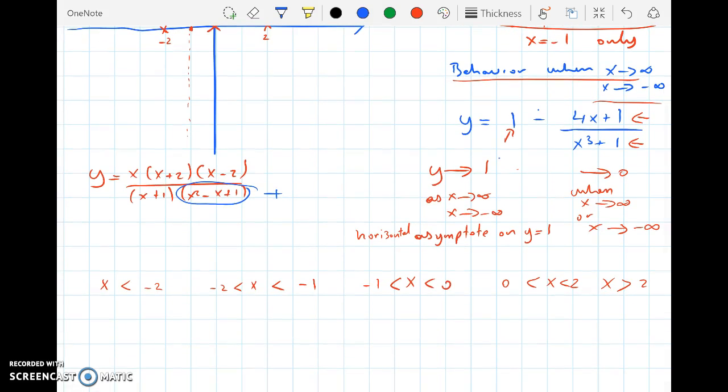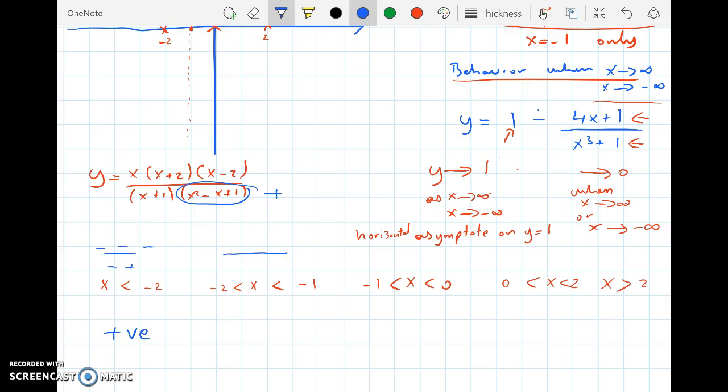Now if x is less than minus 2, let's look at the signs of all of this. We've got 3 terms on the top. These 3 are all going to be negative. Okay, this is negative, and we've got a positive, but we've got an even number of negatives for that, so the whole expression is positive.